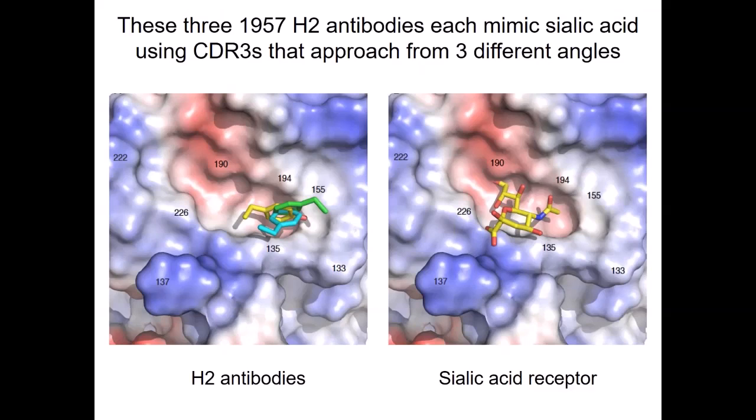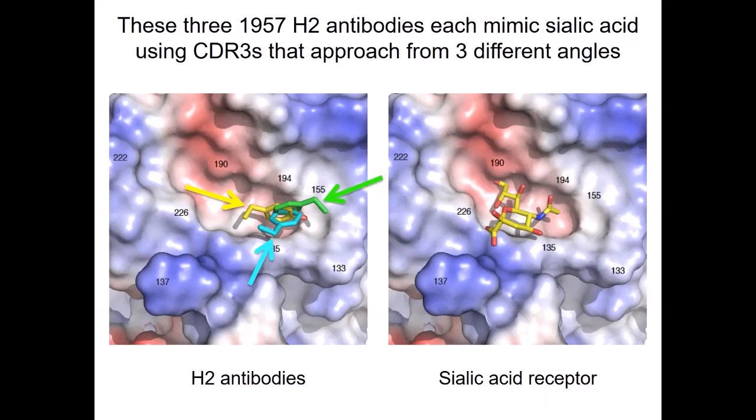And if you just look at a space-filling representation of the receptor binding domain, on the right is sialic acid bound into the receptor binding domain, and on the left are the aromatics. I'm just showing you the aromatics at the tip of the CDRs of these antibodies, and they come in from completely different angles, but essentially they deliver that aromatic residue in the correct position.